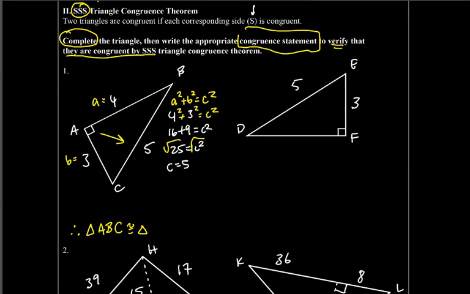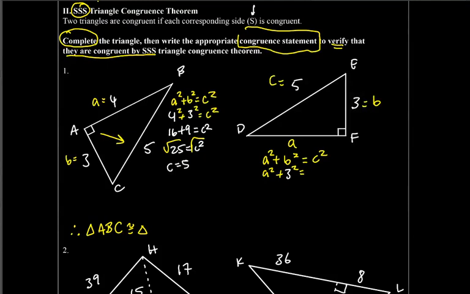Okay, here we have our, let's just make that B. There's our C value. So A squared plus B squared equals C squared. A we don't know. B is 3 in this case.